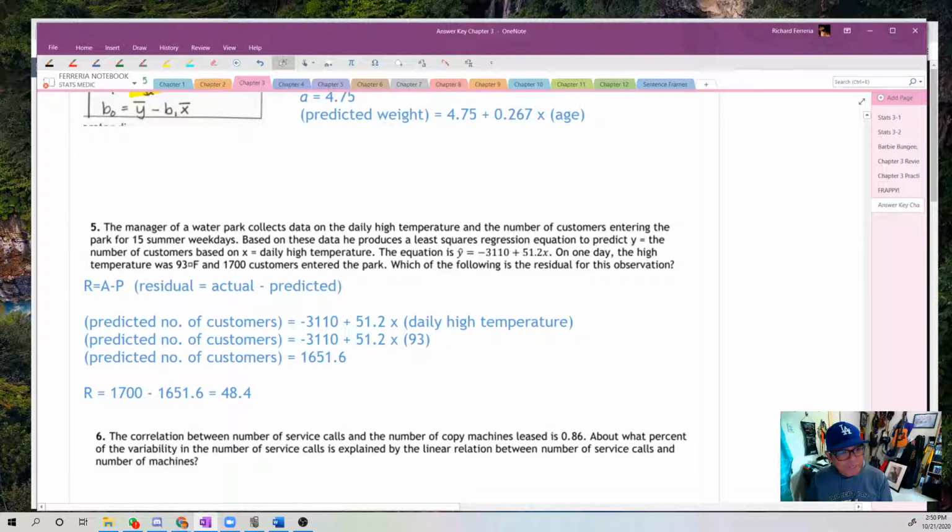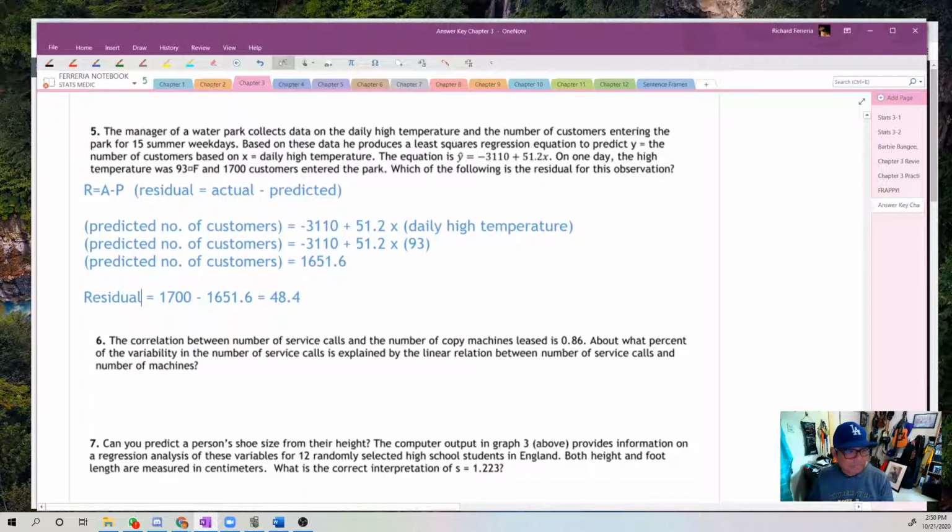It's a positive residual. So that should tell you that the actual number of customers exceeded the predicted number of customers. And I'm going to write the word residual here so I don't have to have the extra labor of writing out an interpretation sentence. Since the word residual is there, we're good.